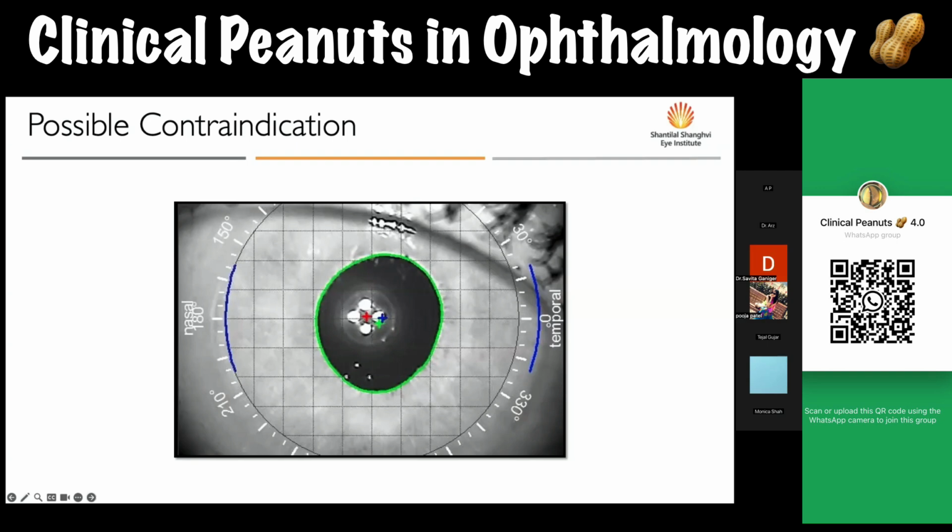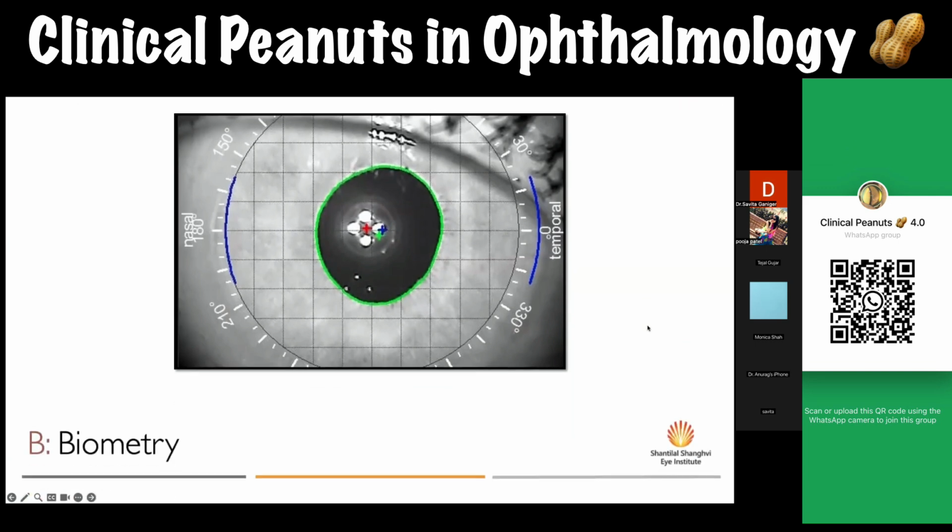Therefore, a very large angle may result in decentration of the toric lens, resulting in suboptimal visual outcomes, and it's said that angle alpha has to be taken into consideration prior to planning toric lenses. But this is not easy to measure, especially for people who don't have access to multiple topographers and high-end biometry machines. So this is something to be kept in mind, but not an absolute contraindication in my mind.